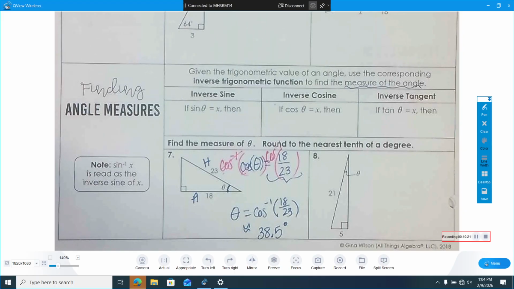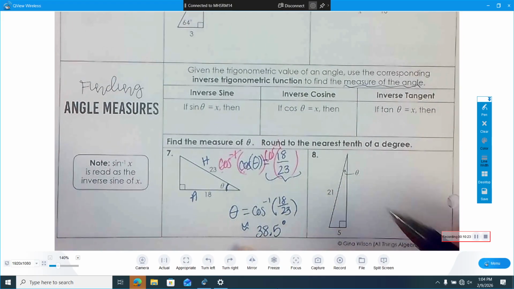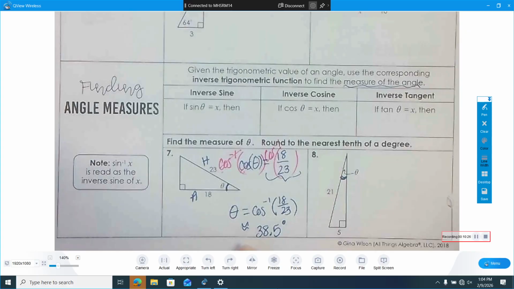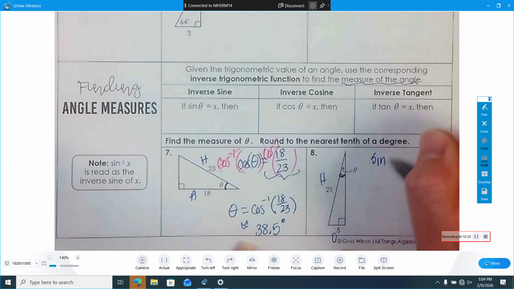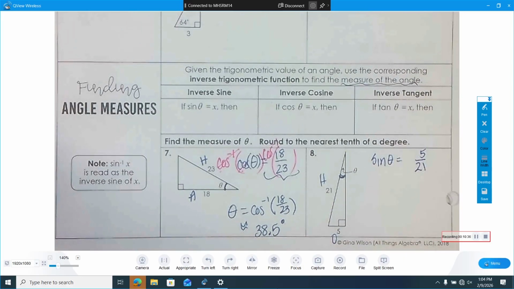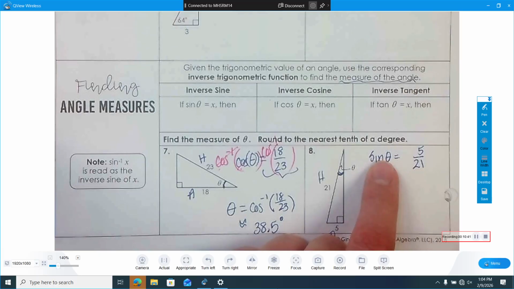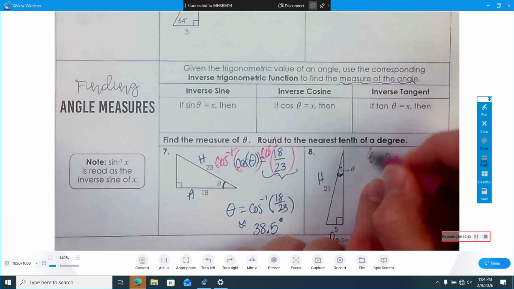All right, number 8. Which trig? We're looking from this angle, so which trig function are we writing? Sine, yeah, because we have opposite and hypotenuse. So sine of theta is opposite over hypotenuse, 5 over 21. Right now that angle is trapped. How do we get rid of the sine function?